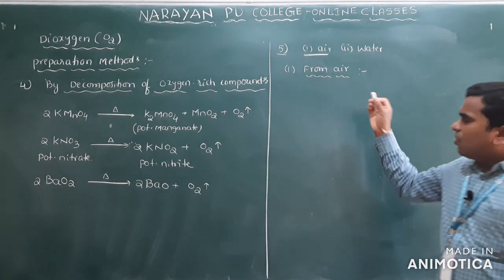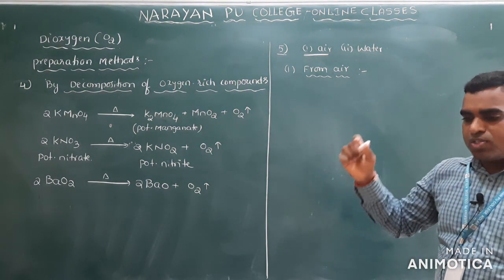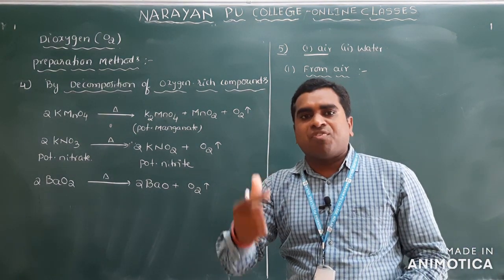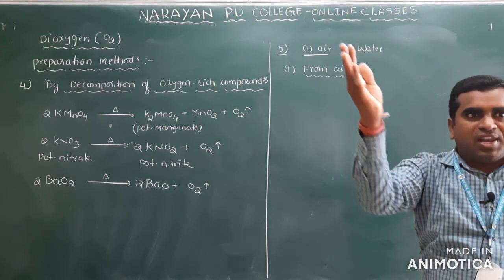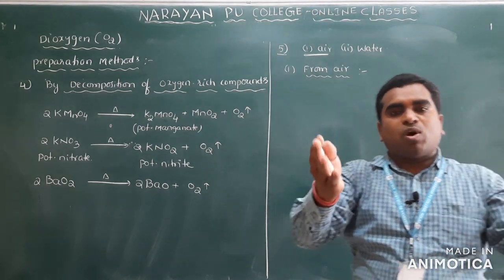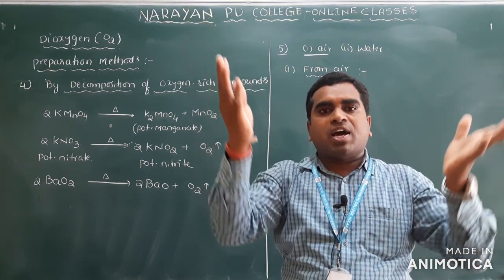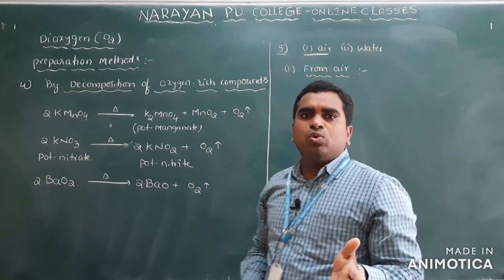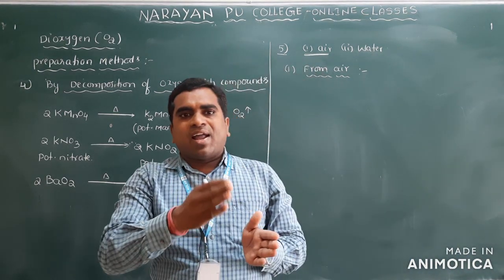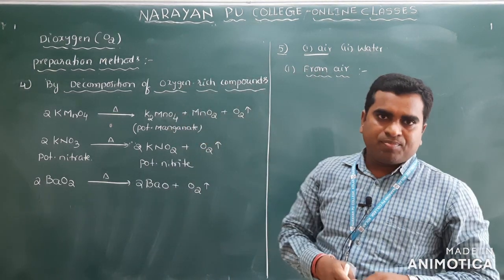How? First of all, we have to do the liquefaction of air. Air is in the form of gas, so when we liquefy it, the gas will be converted into liquid. Before that, we have to remove the carbon dioxide and moisture from the air.